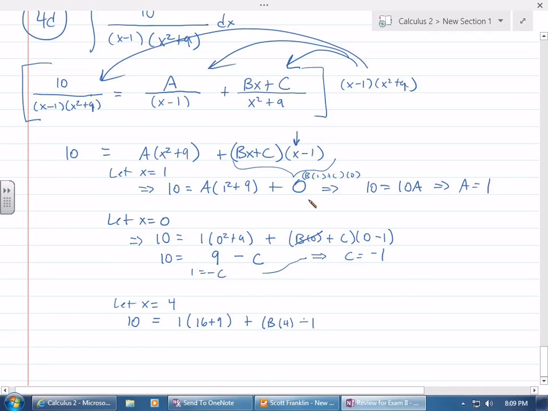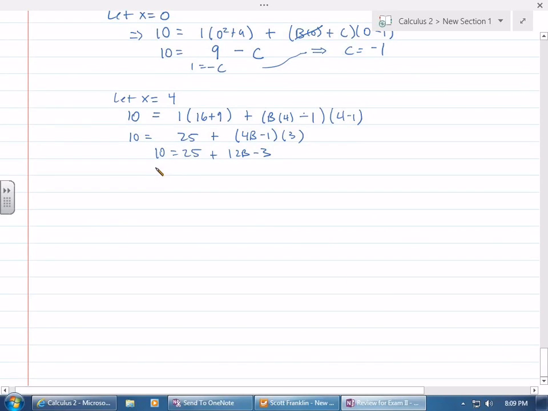Minus 1, right? Just plus a c, so minus 1, and then 4 minus 1. All right, so 10 is equal to 25 plus this is 4b minus 1 times 3. So 10 equals 25 plus 12 minus 3.